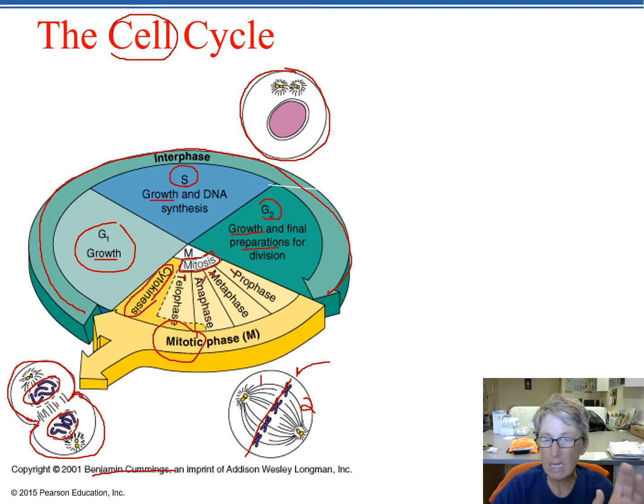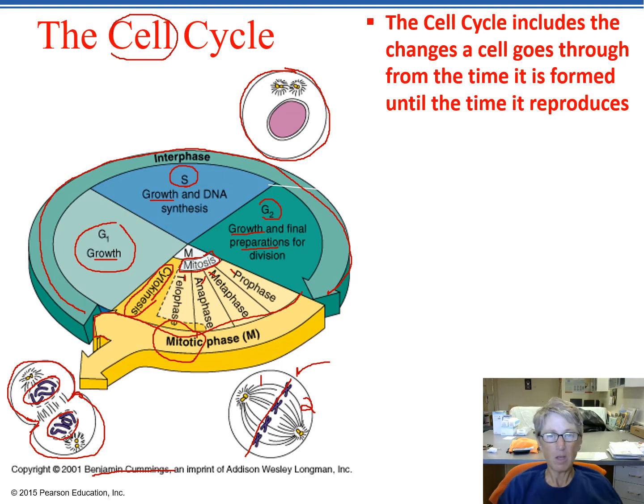So cytokinesis technically is not part of mitosis. But that's where it gets a little weird, but this whole mitosis and cytokinesis are all part of the mitotic phase. But if you're asked a test question, name the subphases of mitosis, you would say prophase, metaphase, anaphase, telophase.